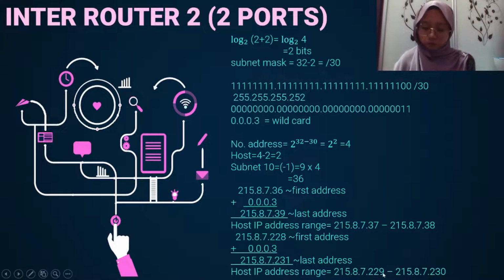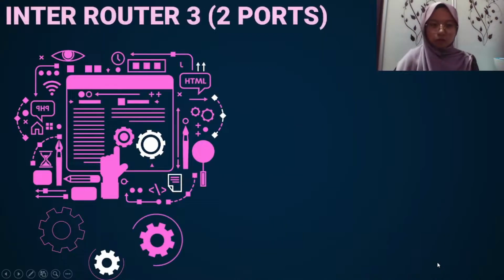So we get 229 from the first address, we just add 1, and we get 230 from the last address, we just minus 1. And then let's proceed to internetwork 3, which uses two parts, same as before.